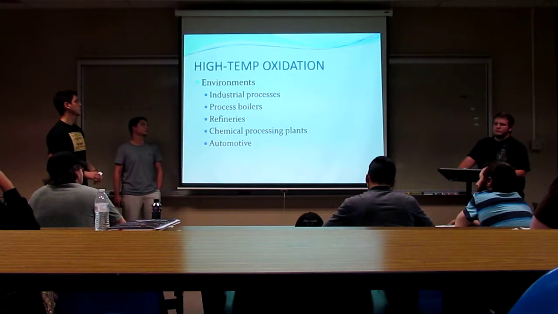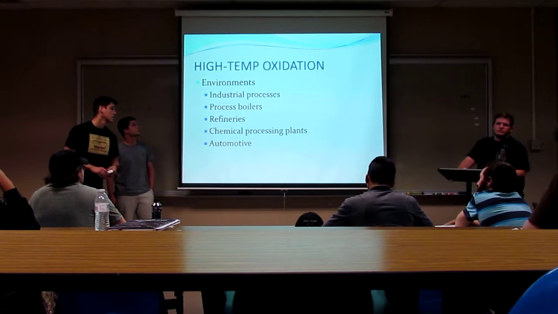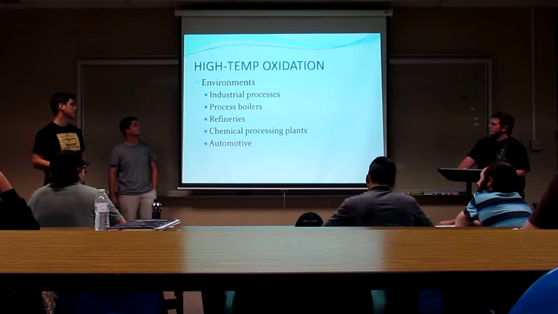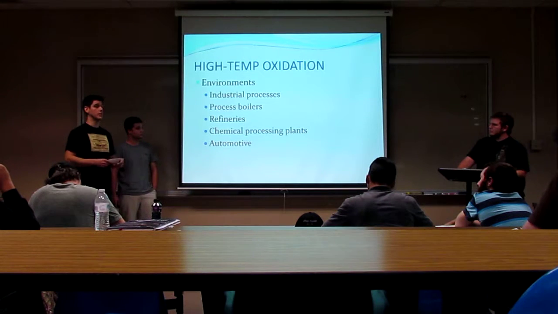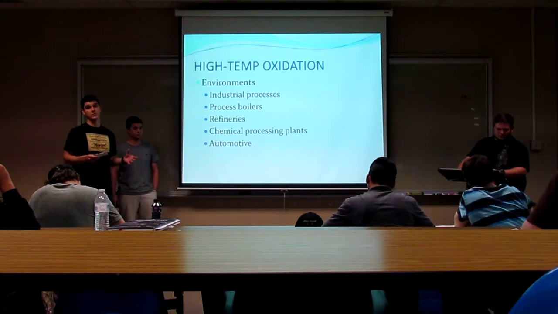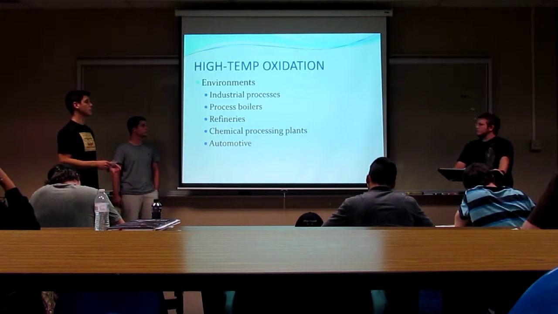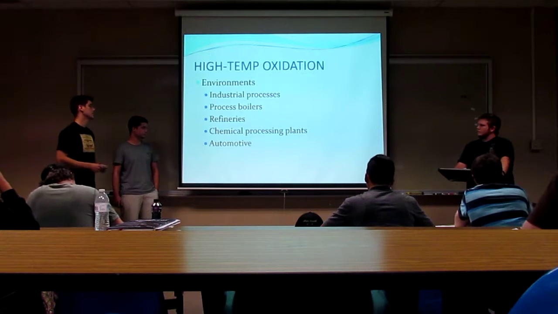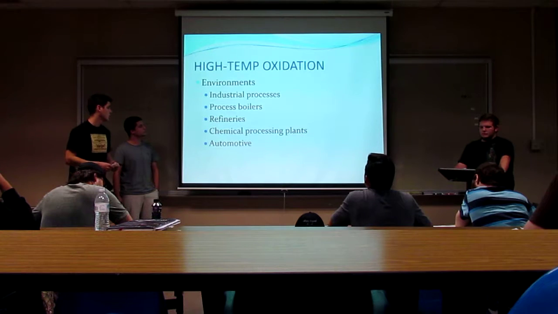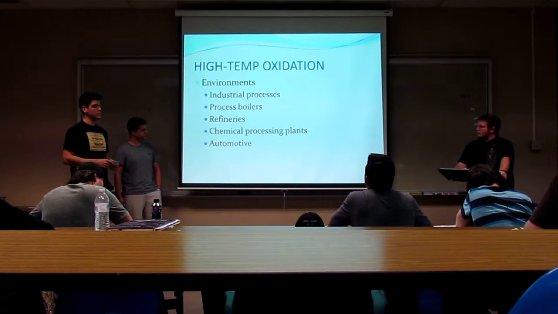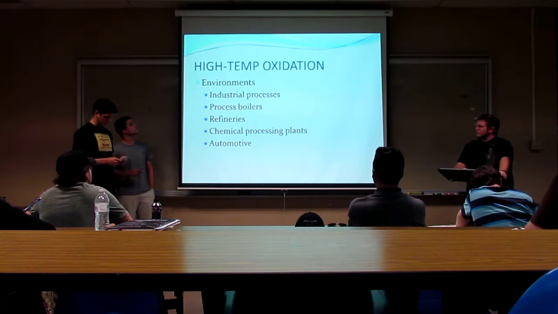For high temperature oxidation, the environments are usually facilities where the pipes are in contact with the atmosphere instead of below ground pipes. This is industrial processes, process boilers, refineries, chemical processing plants, and automotive.